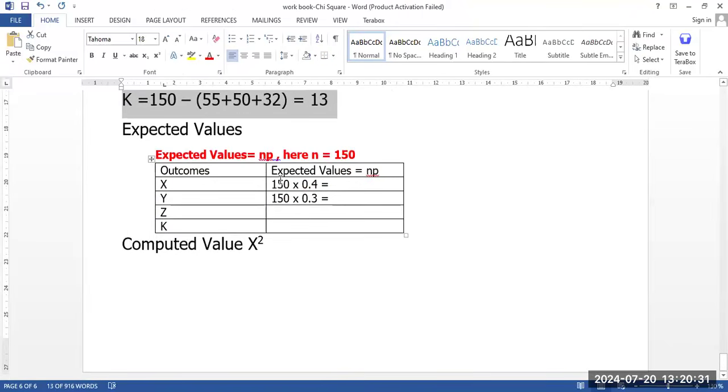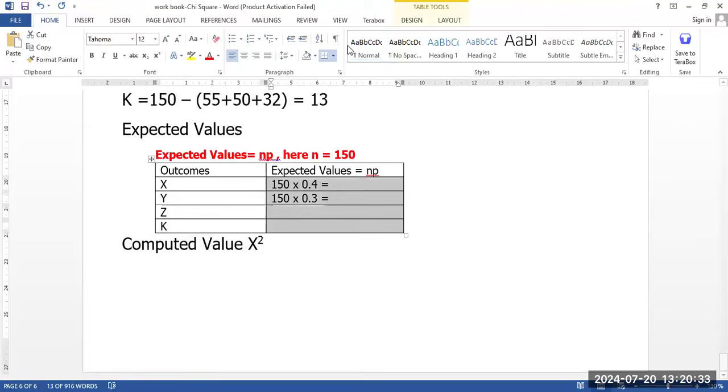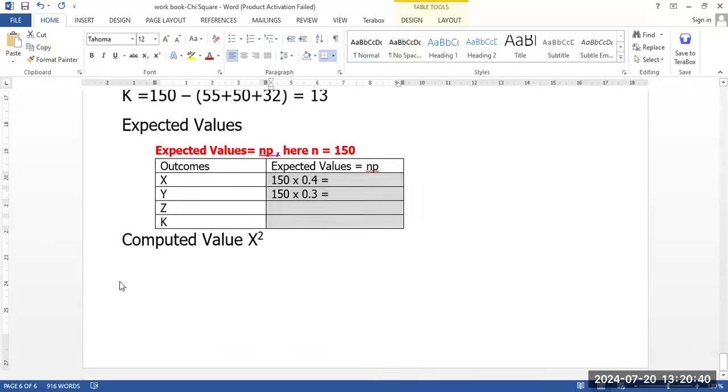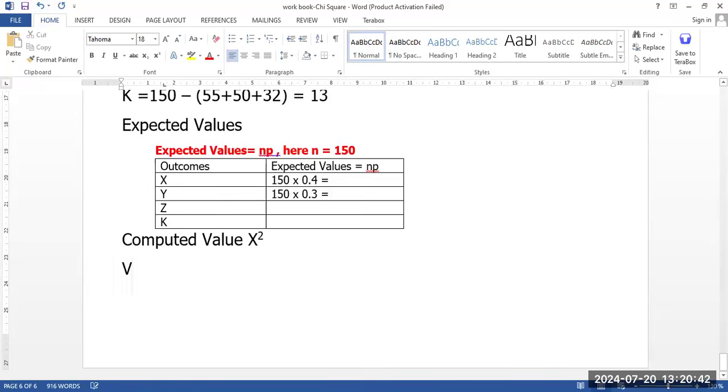And your expected values are here. Once you get that, go ahead and get the value from the table. And what is your V for this question?